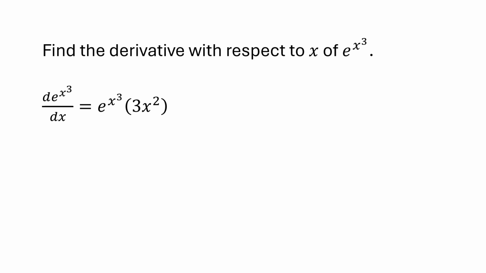Then we have to take the derivative of the inner part, the x cubed, which is 3x squared. And so our derivative of e to the x cubed with respect to x is e to the x cubed times 3x squared. Or you can write the 3x squared times e to the x cubed.